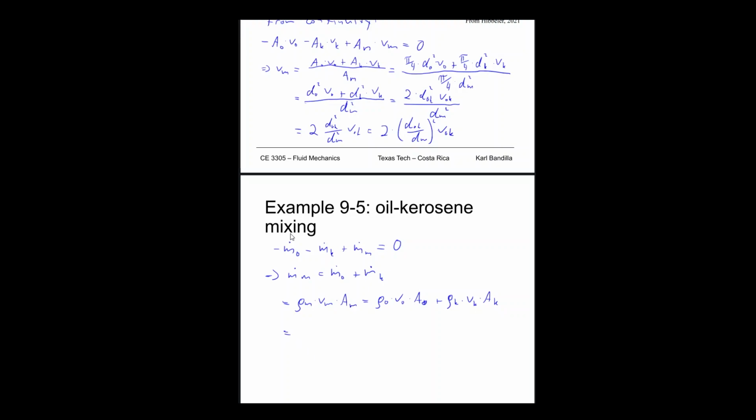That means we can write out what those areas are. So we have rho m times Vm times pi over 4 times dm squared equal to rho oil V oil times pi over 4 d oil squared plus rho k times Vk times pi over 4 times dk squared. All right, that's a lot of stuff right there.